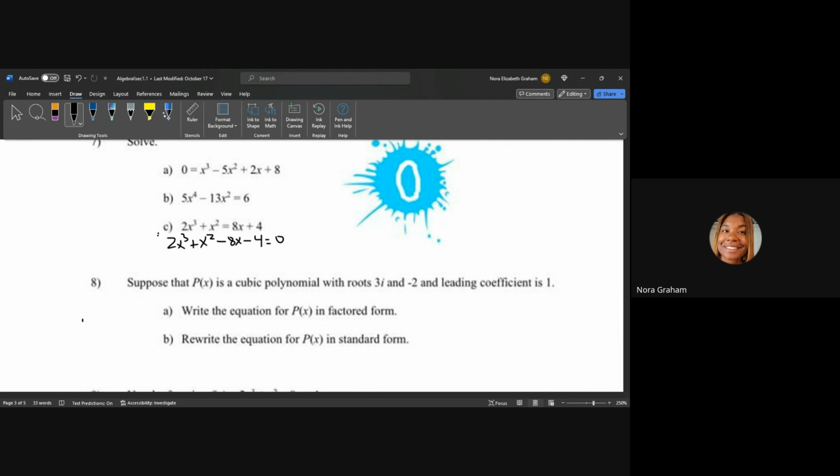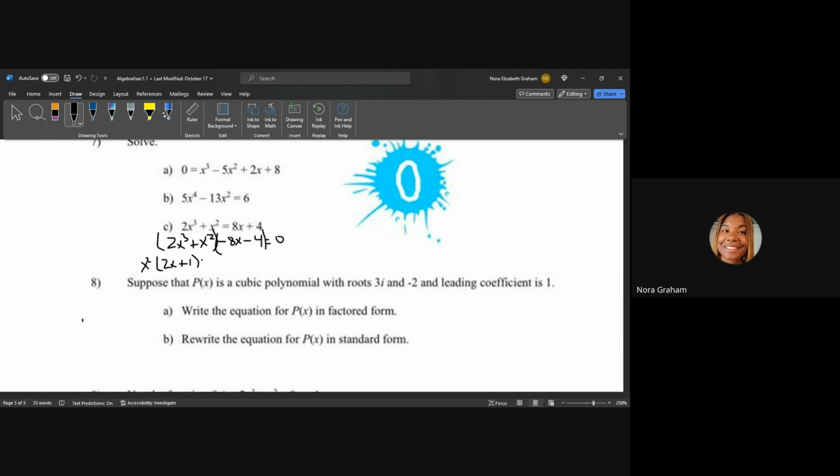Now this one's a little bit easier because now I'll be able to use grouping. My greatest common factor for my first binomial is x squared. What's left over is going to be 2x plus 1.